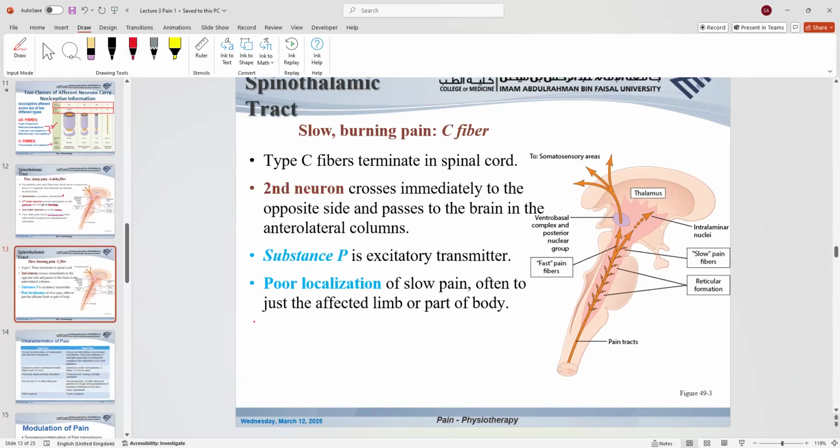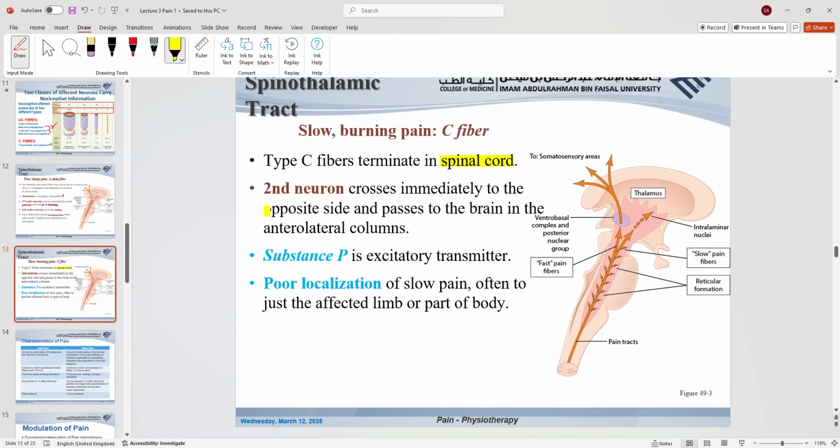The other one is the slow pain. You remember that slow pain is coming from polymodal nociceptors. It has a character which is sort of burning, and it is a diffuse, aching type of pain, transmitted by C fibers. Again, similar to what we have seen in the last slide, the second order neuron will cross to the opposite side in the spinal cord.